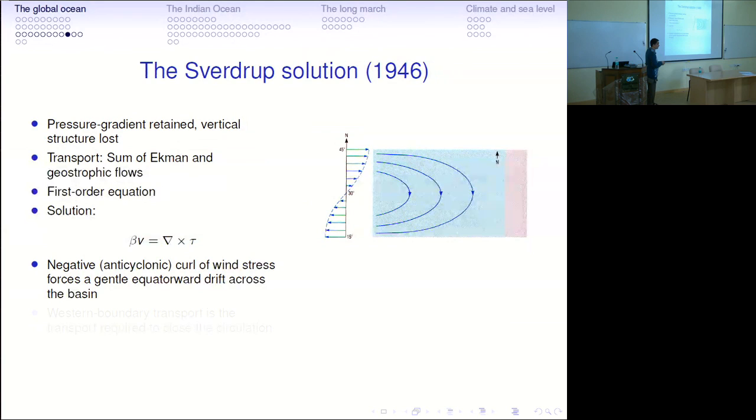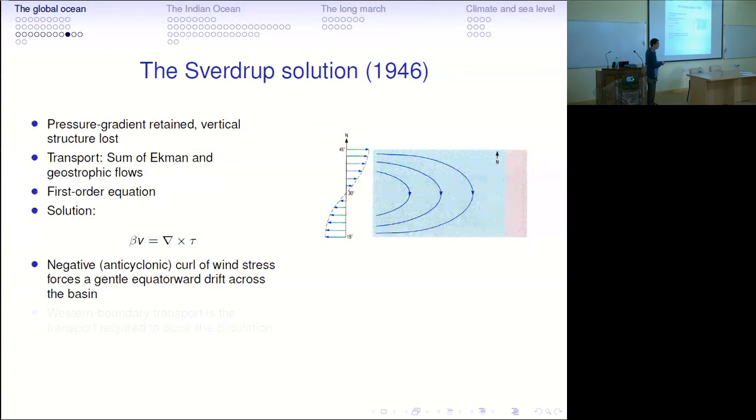So the westerlies are positive, they go from west to east, the trade winds are negative, and when you calculate the curl, you get a negative curl of wind stress, anticyclonic curl. So curl tau is negative, beta is positive, and V therefore is negative. So the negative anticyclonic curl of wind stress forces a gentle equatorward flow all over the basin.